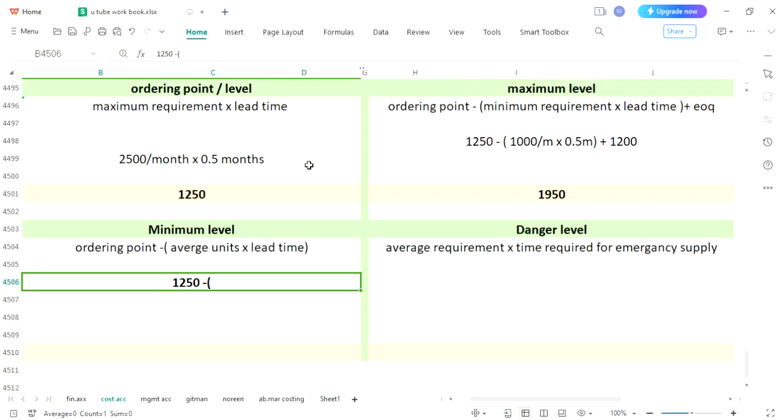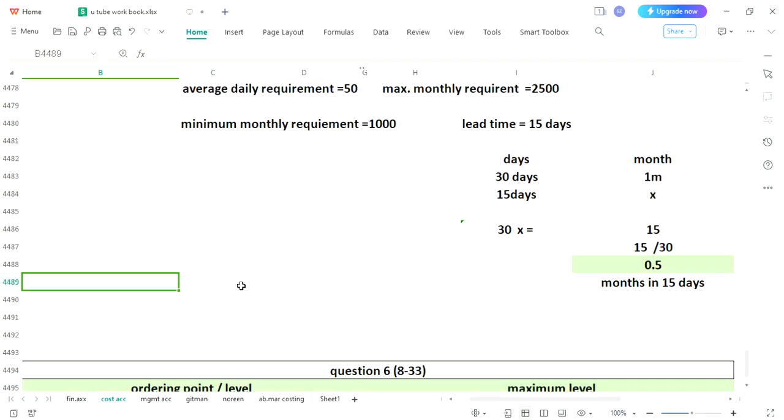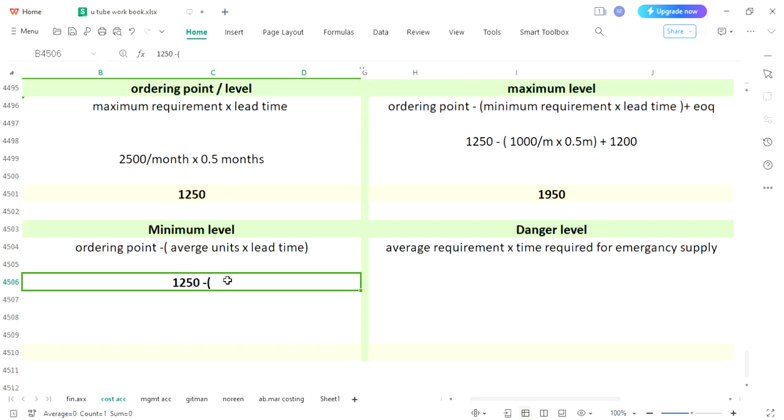If our lead time and average units are in the same performance, same sequence, or they are synchronized, we don't have to change. Please look at this, average is in daily requirement. So we can write over here 50 per day, and lead time which would be used will also be in days.